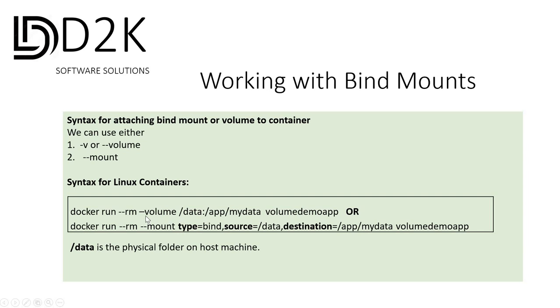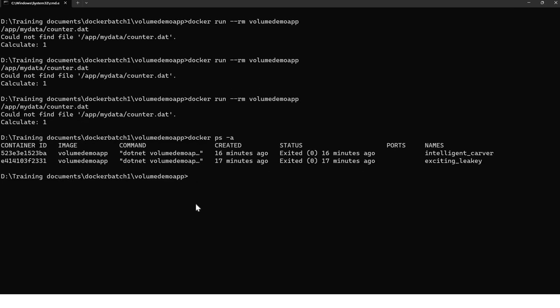But when you use hyphen volume, just specify the source, the data where you store in your physical machine, and /app/mydata, the path where the container stores it. The syntaxes are different, but both behave the same. So I'll switch to the command prompt to demo how we can run the container with the bind mount volume.